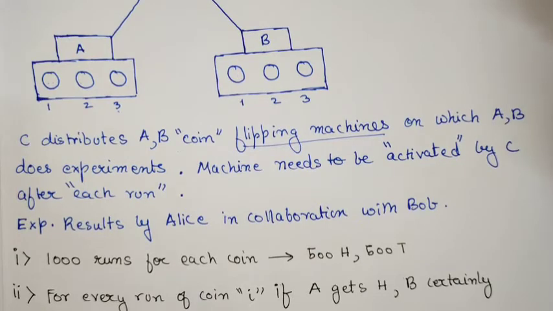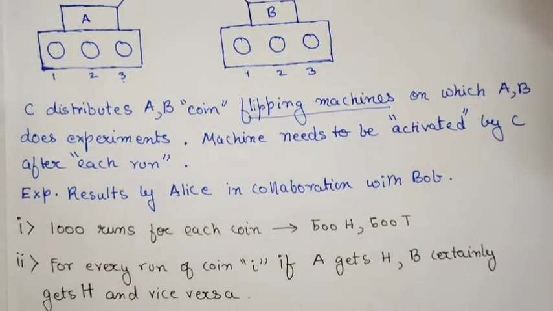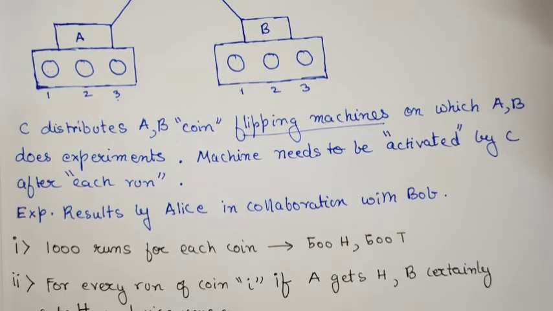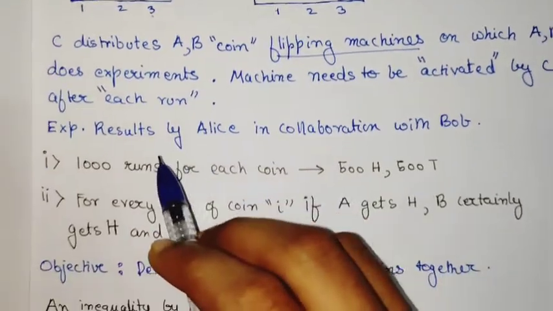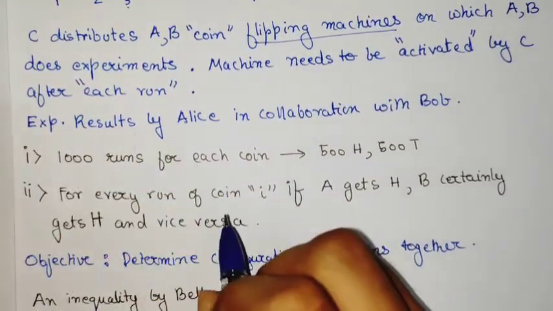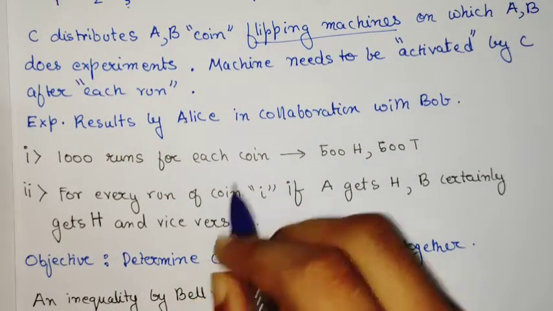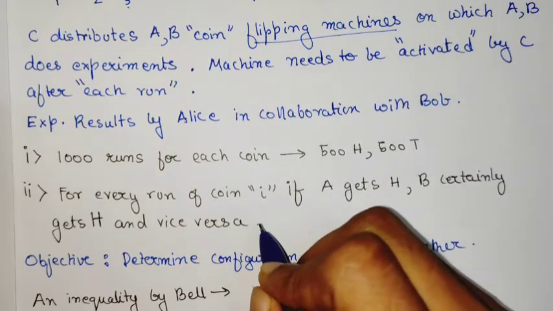Now they perform certain experiments on this machine, and the first experiment has the results I have written here. She collaborates with Bob to get these results.